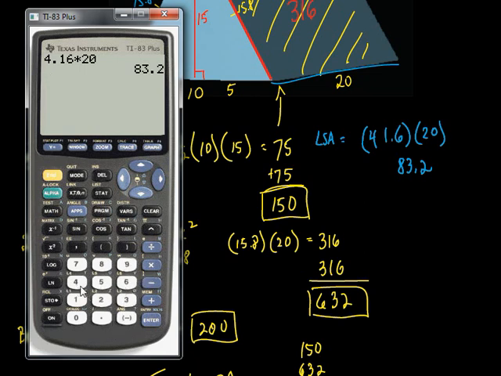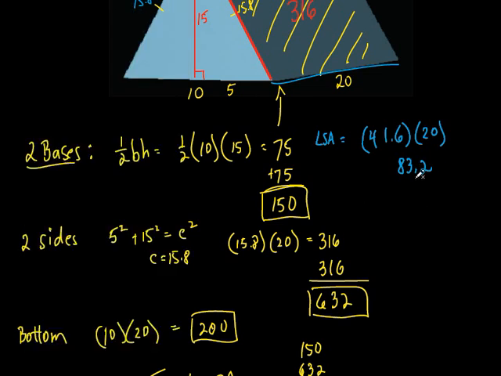So let's try it again: 41.6 times 20, and there we go. It's 832. That makes better sense.